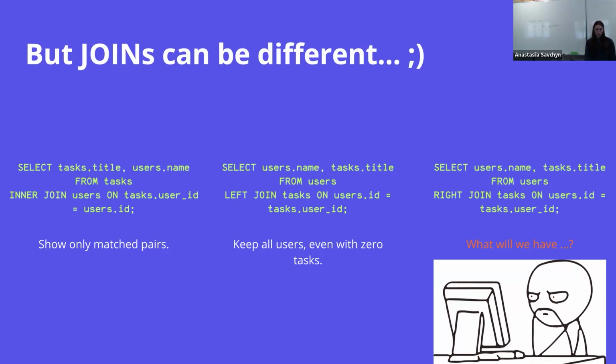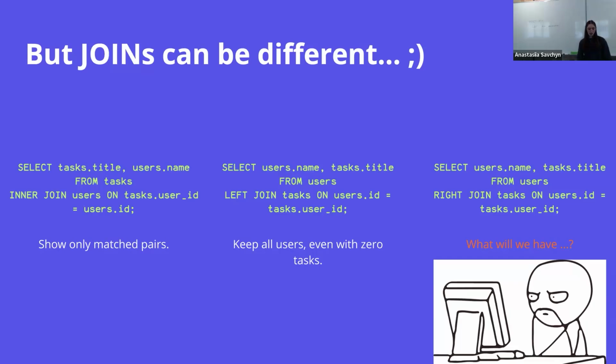Then you have also left join. What is left join? It depends how you build your query. For example, here we first select users. So left is our first table that we are specifying. So left here is users, and then we are joining tasks. And tasks are already the right, second table.